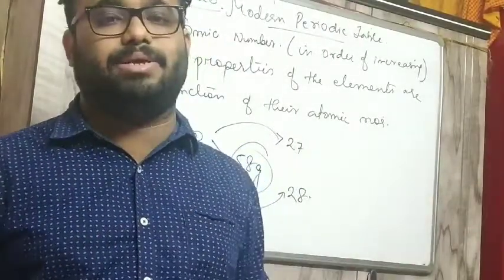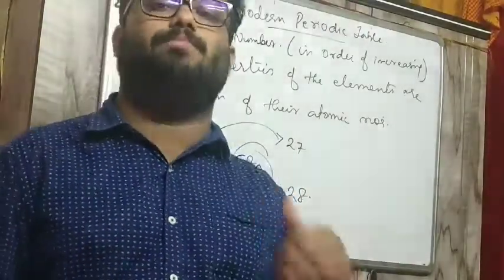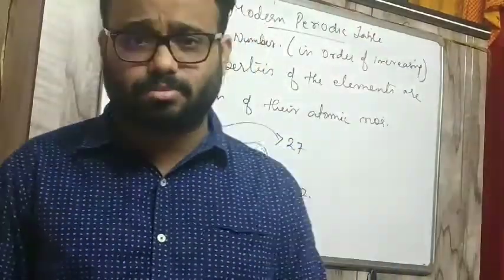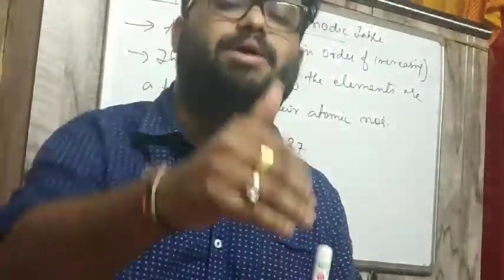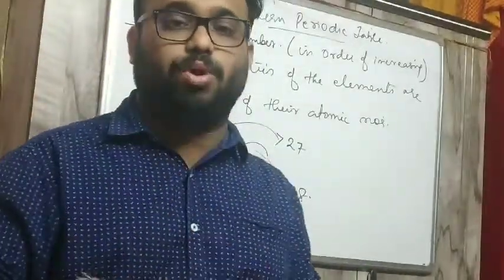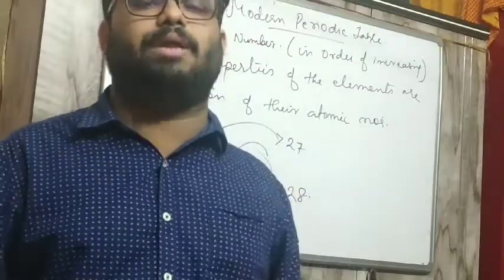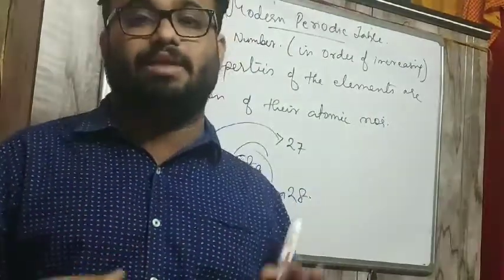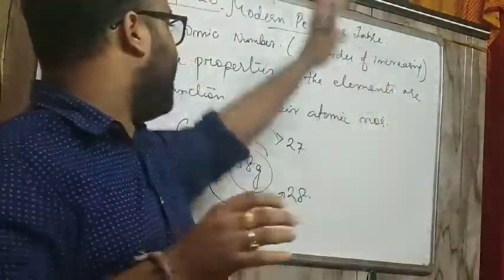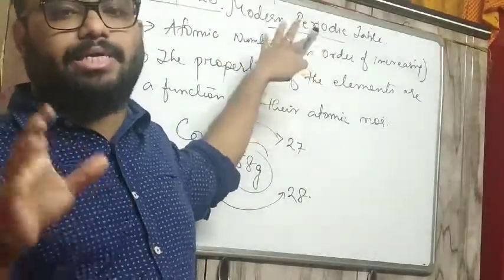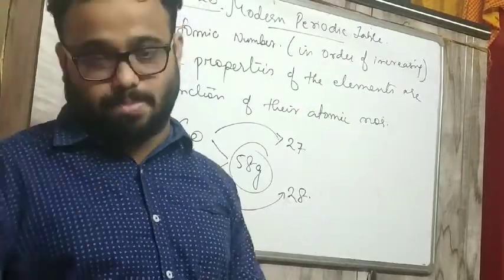So placing the elements has become easier, because in the modern periodic table we arrange the elements in increasing atomic number, and in Mendeleev's we arranged them in increasing atomic mass. So the modern periodic table is more perfect than Mendeleev's. The basis of the modern periodic table is nothing but the atomic number.